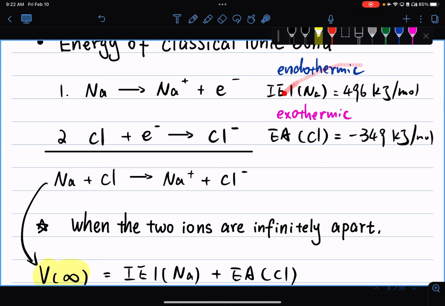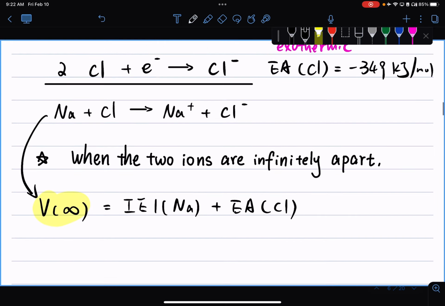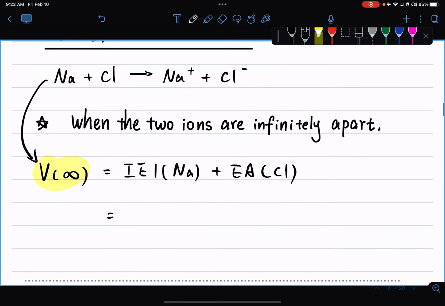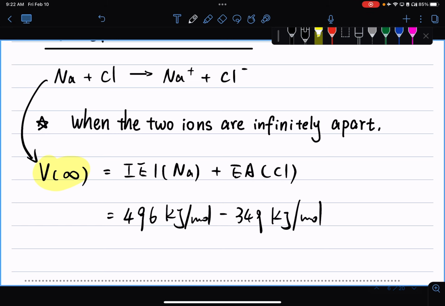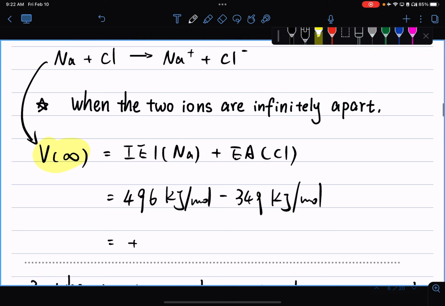And these numbers are given on top. If we do that calculation, we have the first ionization energy of sodium, 496 kilojoule per mole, minus the electron affinity of chlorine, 349 kilojoule per mole. We do that calculation, you get a positive number of 147 kilojoule per mole, which is endothermic.